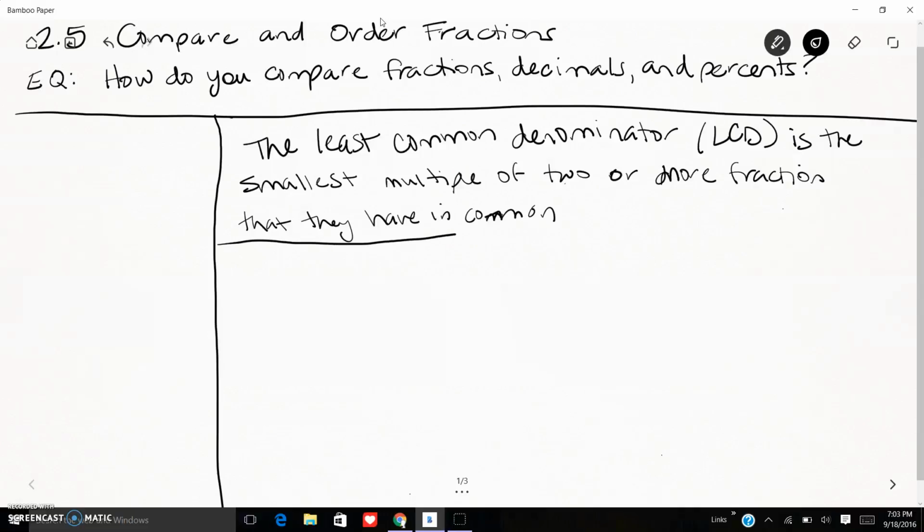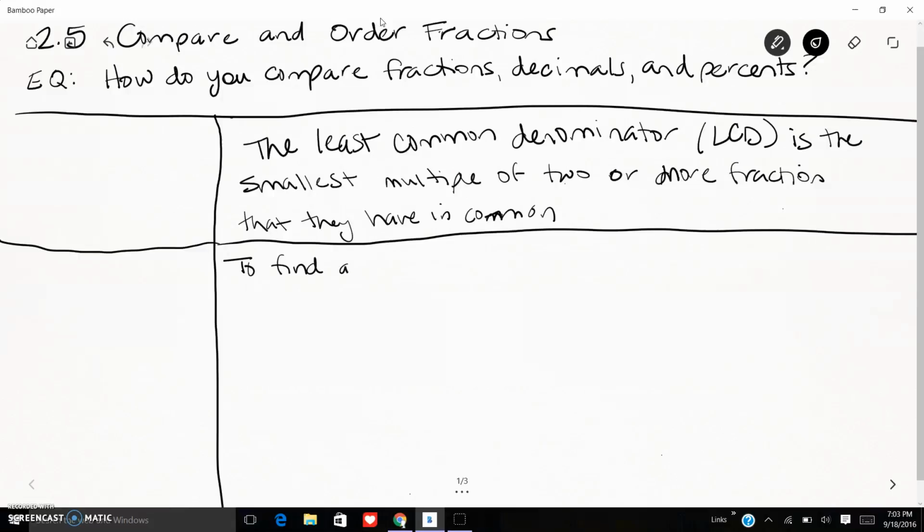All right, so as a refresher, you guys have been doing factors and multiples since at least 4th grade. So I need to refresh your memory on how to find a multiple of a number. To find a multiple of a number, you're just going to list multiples.